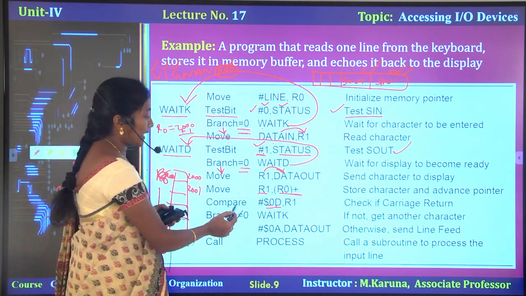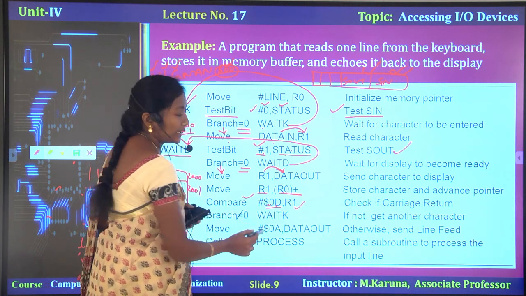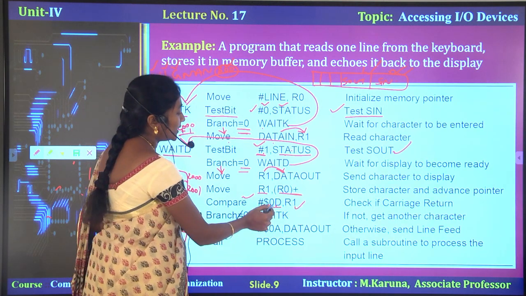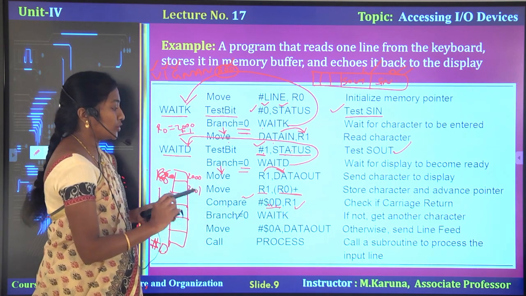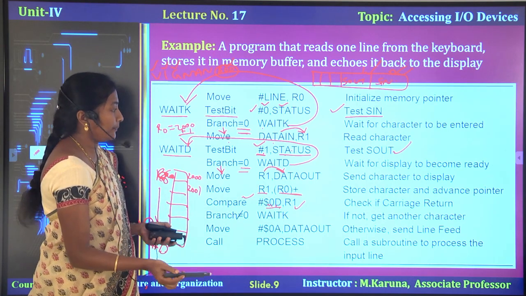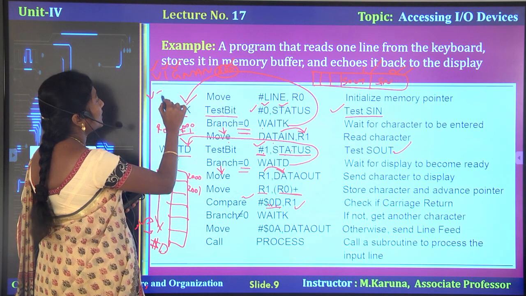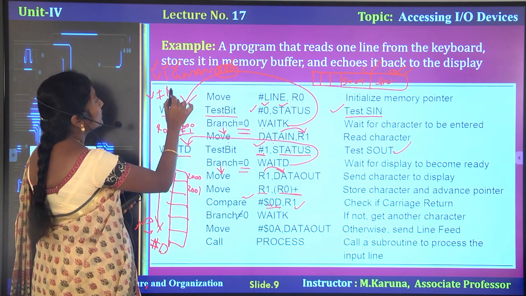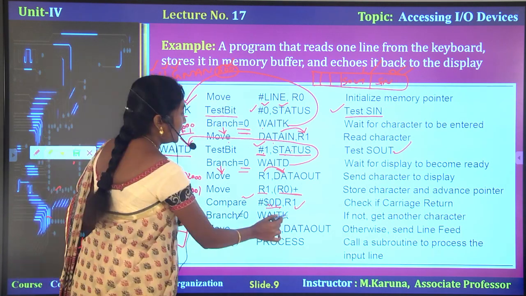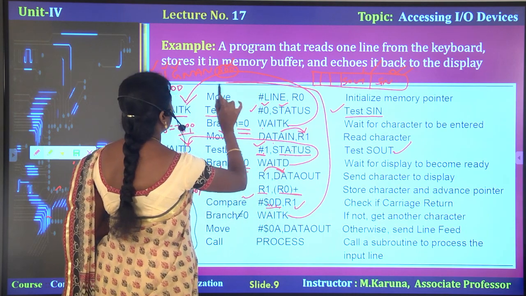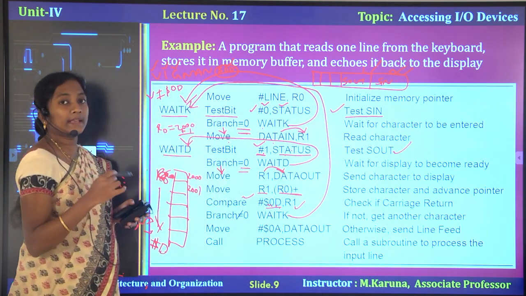Now here, compare whatever data is present in R1 with 0D. If those two are not the same, for example V is not equal to $0D, then jump to wait K to read another character.